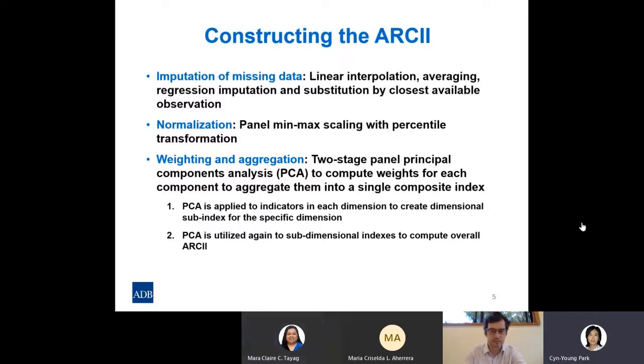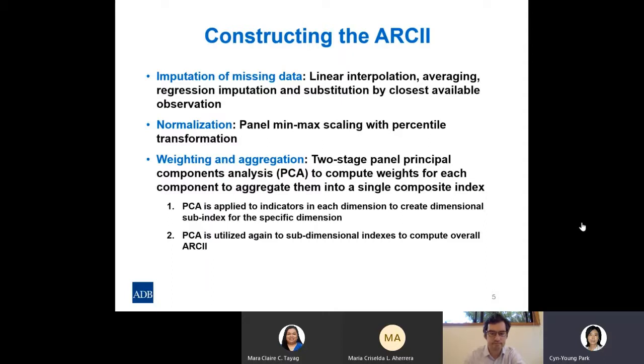And we use 2-step panel principal component analysis to compute weights for each component and then aggregate them into a single composite index. In the first stage, we compute principal components to weight those indicators in each dimension.